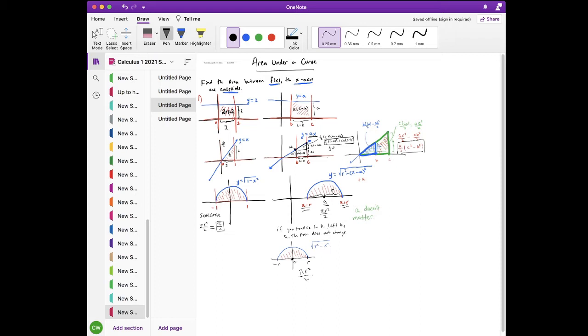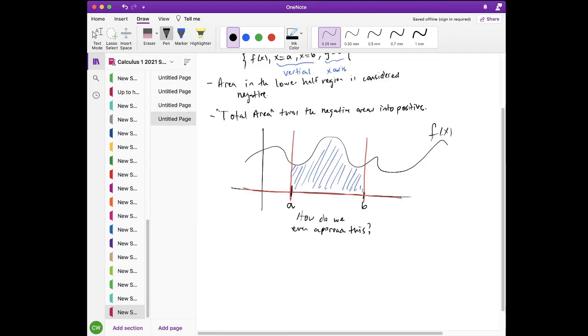These are the only things that we know about geometry for right now. Which of these shapes do you think is the easiest to work with? Which was the easiest to do of all of these examples? Yeah, rectangles, right? There's not much to do with rectangles. So we know rectangles.